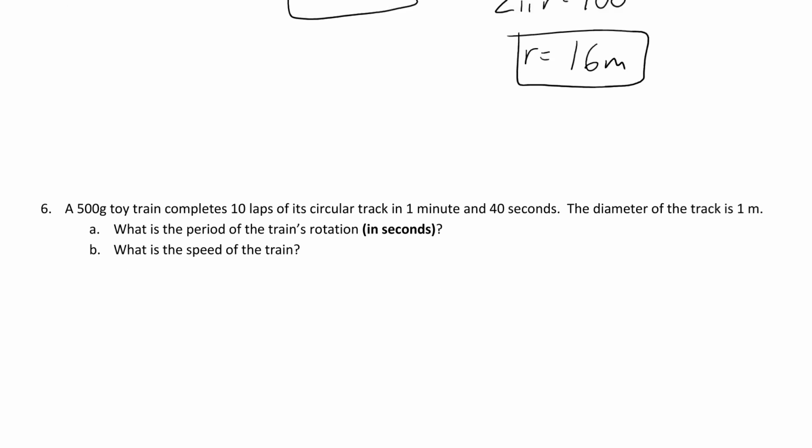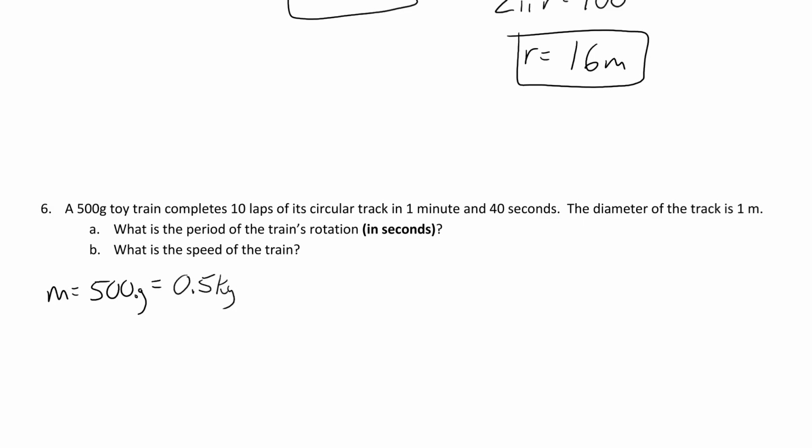All right, it says a 500-gram toy train. So the mass is 500 grams. Do we like grams? No, we like kilograms. We're not going to need it in this case, but it's a good habit to move 1, 2, 3 places to the left. So that's 0.5 kilograms. Good habit to just change the grams into kilograms. And so a 500-gram toy train completes 10 laps of its circular track in 1 minute and 40 seconds.